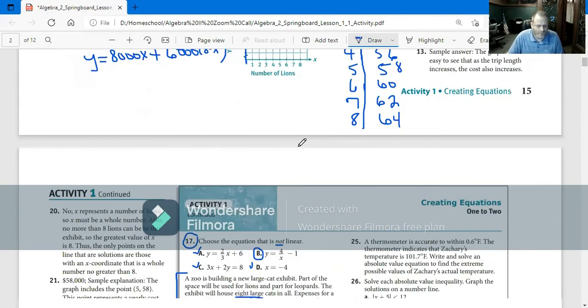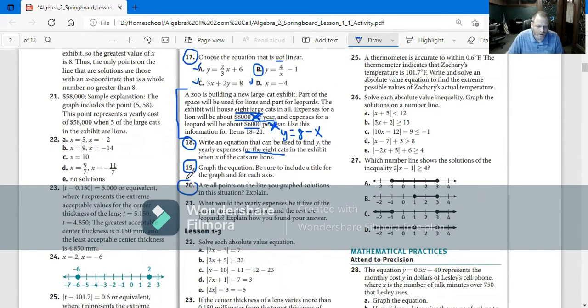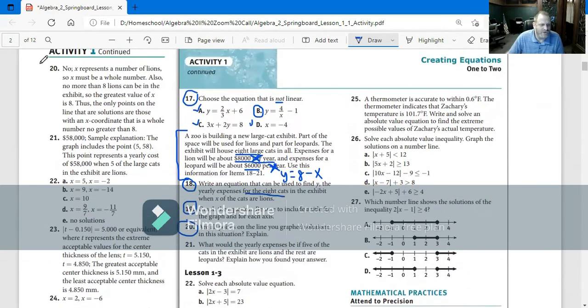All right, number 20. Are all the points on the line you graphed solutions in this situation? No, they're not. X represents the number of lions, okay? So x must be a whole number.